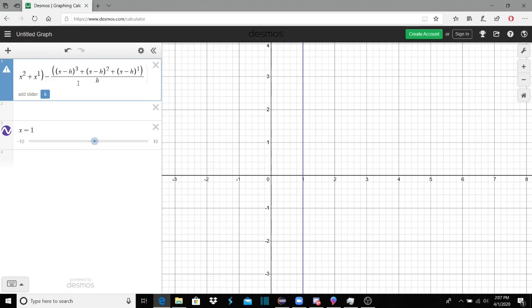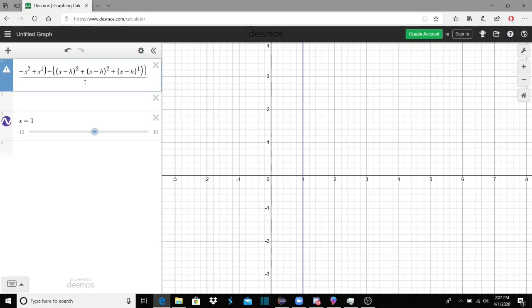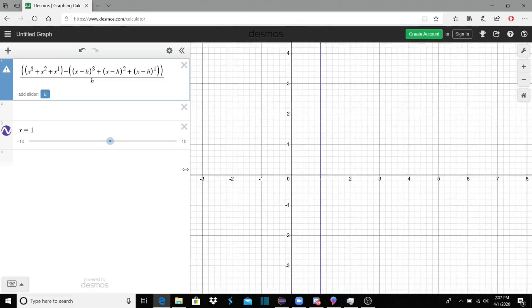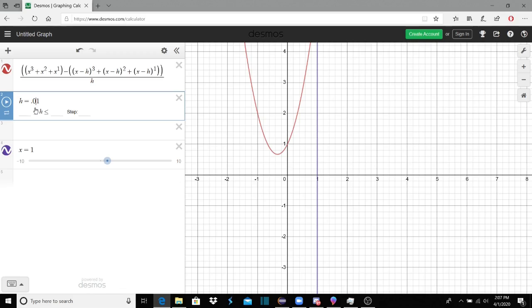And it looks like I messed up my parentheses. Hold up. Let's fix that mess. There we go. That's a very big problem, isn't it? It's a very large problem, but I can remedy this here. There you go. That's better. So if we add a slider and I make our h limit to 0.01, then this is actually going to converge to that derivative we want.